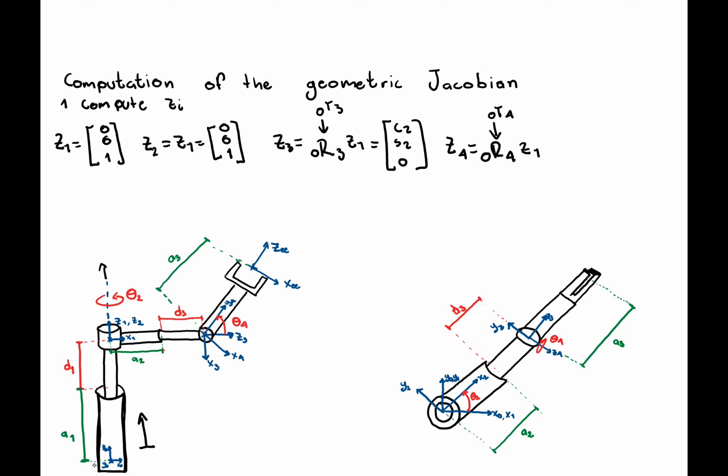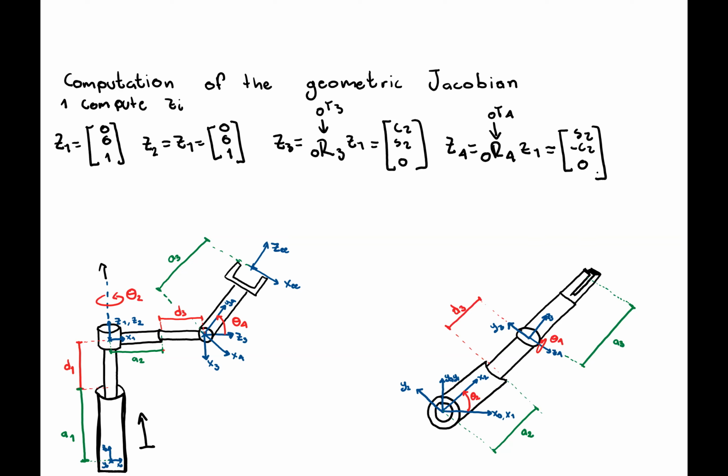Anyhow, so we have this equal to sine 2, minus cosine 2, 0. And then we have all of our z vectors.